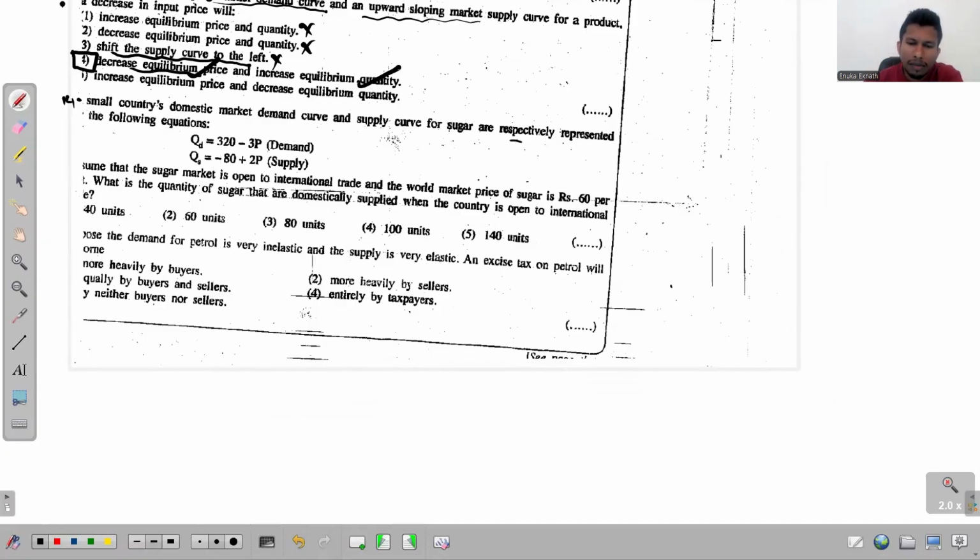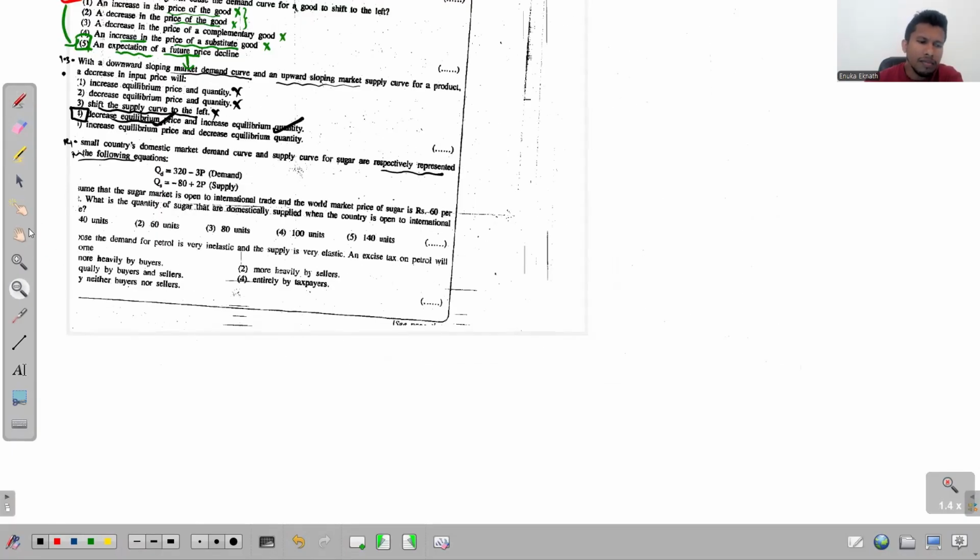So sugar are respectively presented, let's say, in the following equations. All right. If I just draw the demand curve and the supply curve, let's say this is the demand curve and here you get the supply curve. Based on the demand curve, we can just put the values.